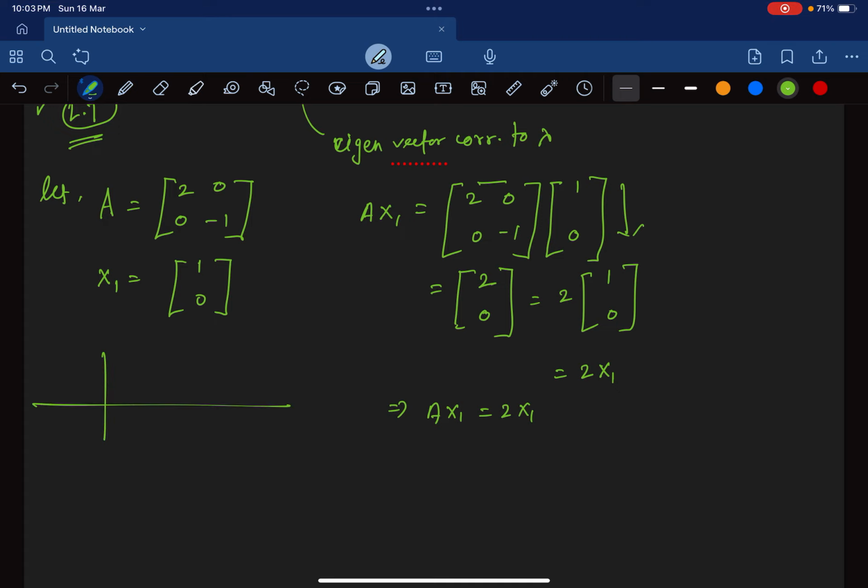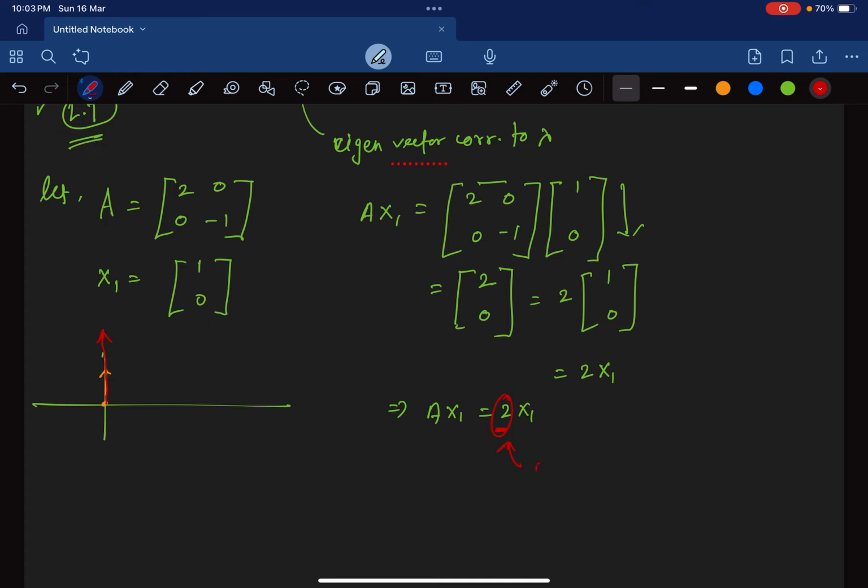That means, what was your earlier vector? (1, 0). This was the vector, and once you apply that transformation, immediately this vector is stretched like this, with the factor 2.